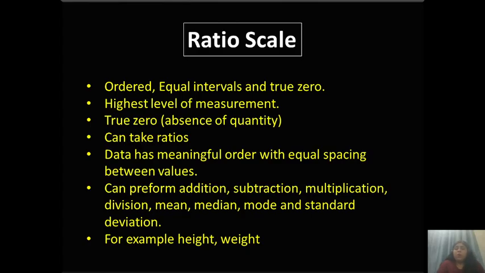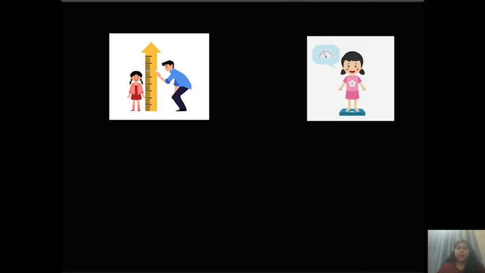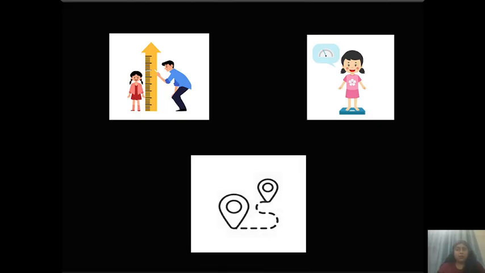We can perform all mathematical operations like addition, subtraction, multiplication, division, mean, median, mode, standard deviation. And most of the real world quantities follow ratio scale. For example, height. 0 meter height means that there is no height. Weight or distance. All these are examples of ratio scale.